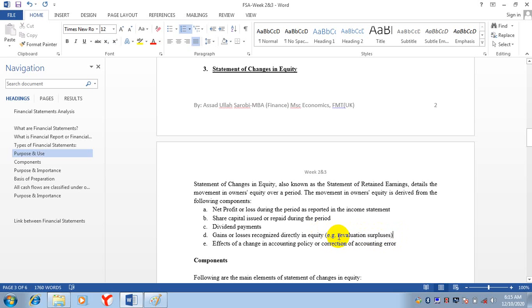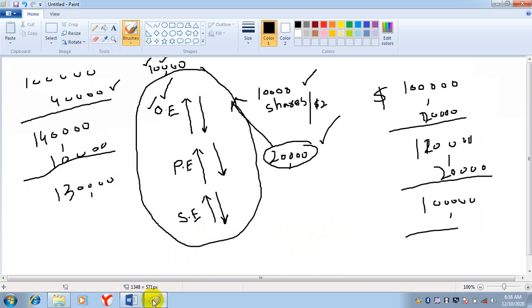We will add it if there is a profit on that revaluation, and if there is a loss, we will deduct it. Take an example: the company invests money in bonds and shares. Suppose they invested $10,000.